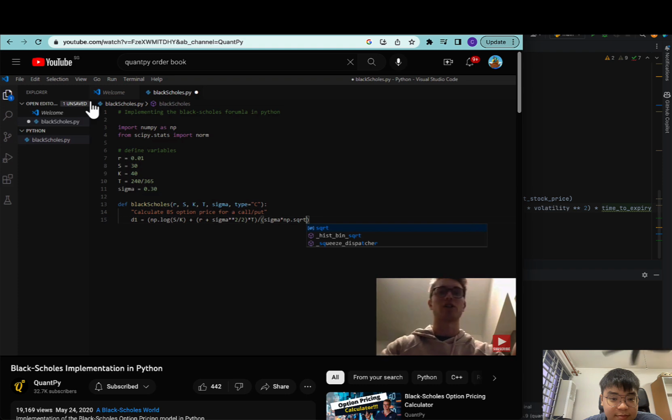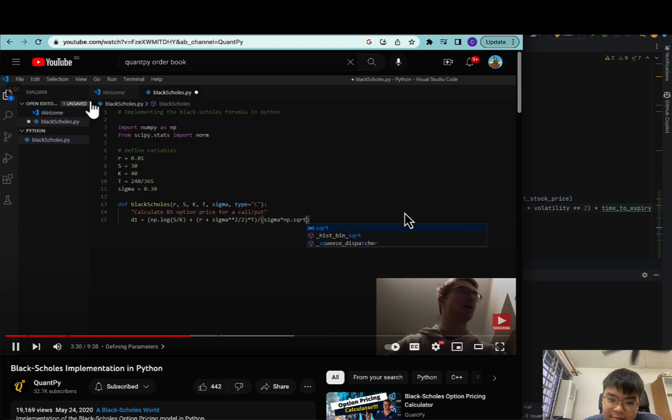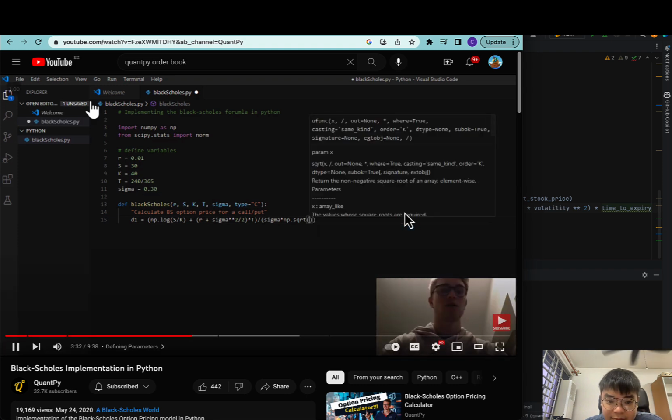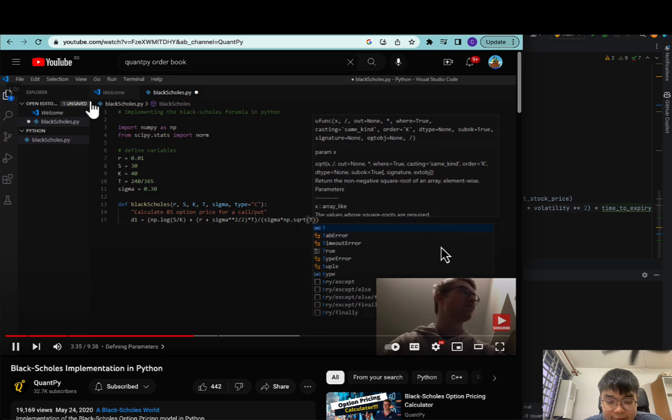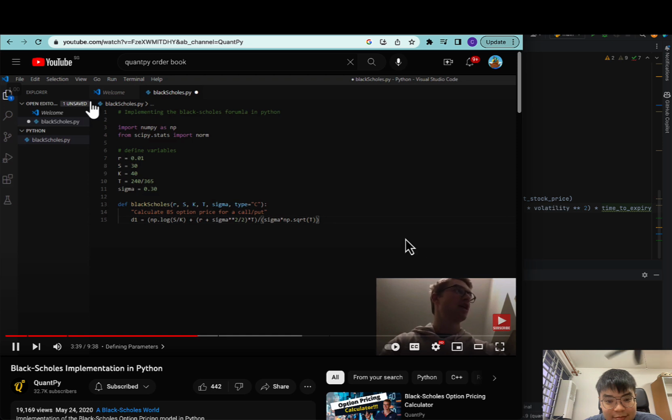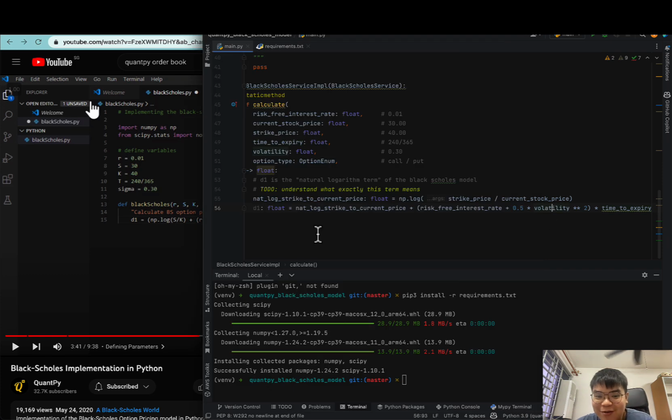So the square root function you can get from math, but I'm using the numpy square root. Could just have easily squared it to the half. So now pretty comfortable, well, I'm not comfortable, but okay. This, I mean, it's understandable. This is not an easy formula or model to understand.